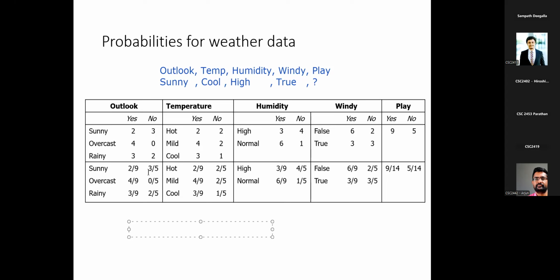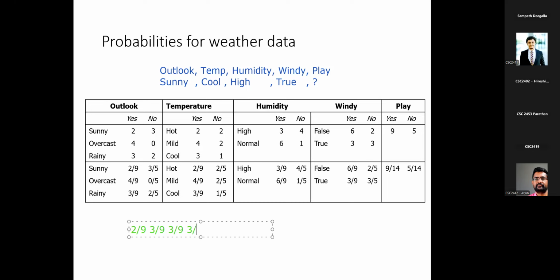What is the probability of outlook sunny? Outlook sunny is 2 out of 9. And then temperature is cool. The yes probability is 3 out of 9. Then humidity is high, 3 out of 9. Wind is true, 3 out of 9.